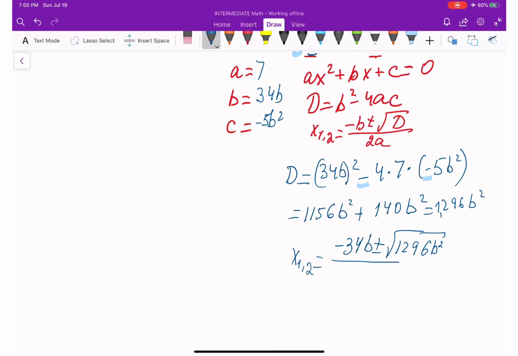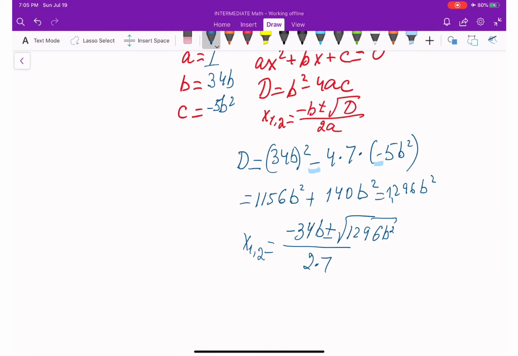And divided by 2 times a, which is 7 right here. So it's going to be negative 34b plus minus the square root of 1,296, which is 36b. The square root of b squared is going to be b, and that is over 14.